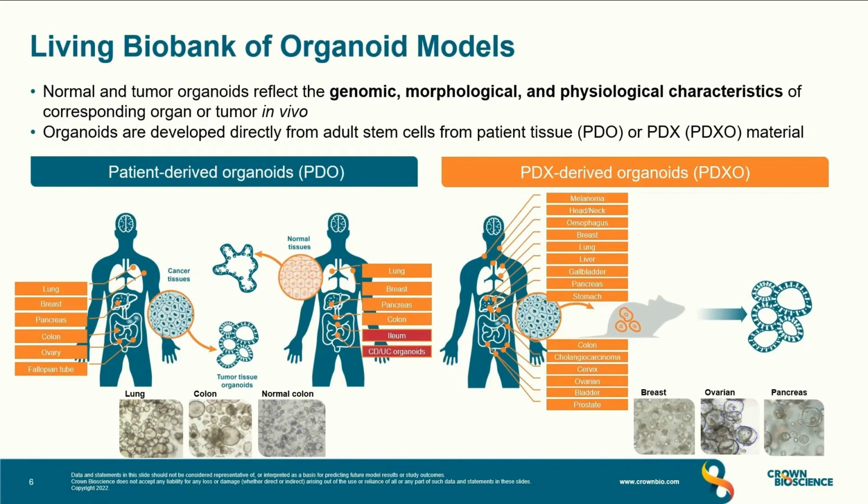Organoids are developed directly from adult stem cells from patient tissues. As you see here on the left side, you either grow your organoids from a biopsy, or you first go from a biopsy into the mouse and then to organoid cultures from the tumors that arise. Both have upsides and downsides.